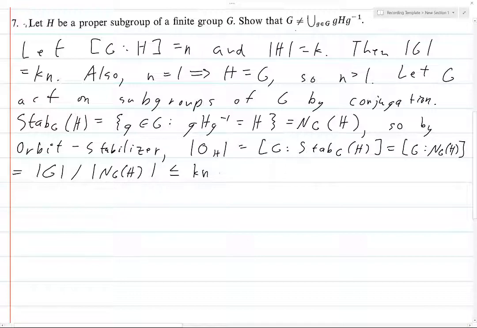If we're dividing, the whole fraction is going to be less than or equal to kn divided by k, which is the smallest possible value of the order of N_G(H). But what is this? This is just n. So there we go.